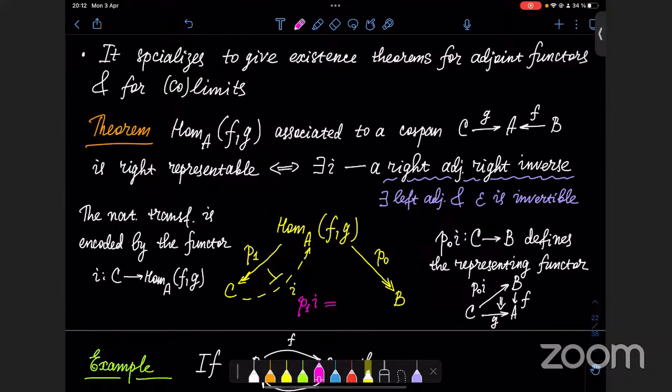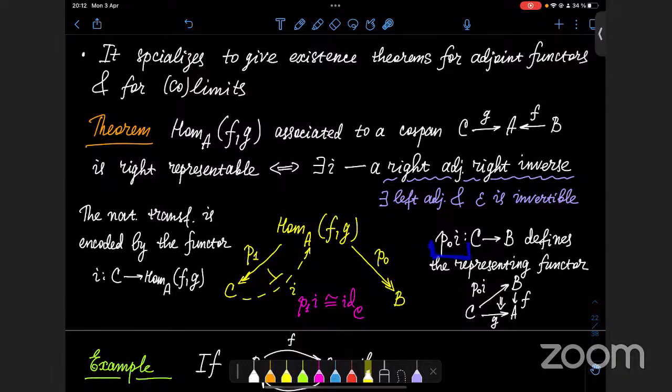And this should be an isomorphism, so it's isomorphic to the identity map on C. Yeah. Okay. So we have the following theorem.